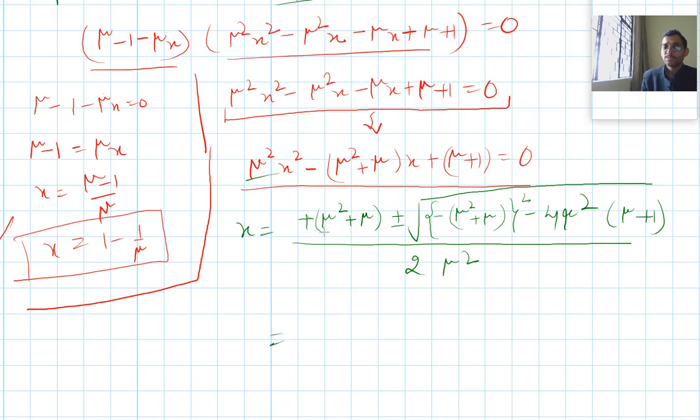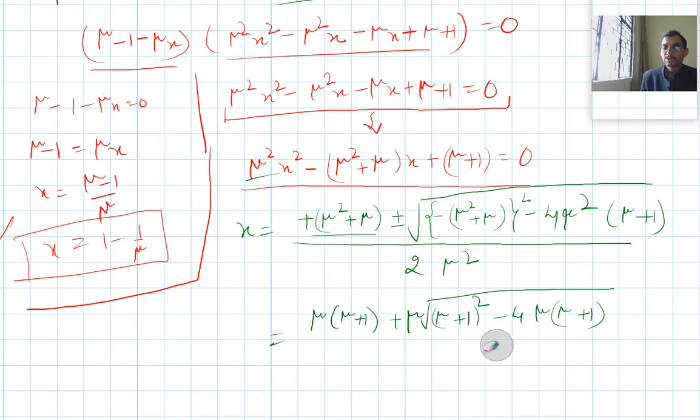If I take the square it will become positive. So after doing a little algebra I can write it as mu plus 1 plus minus the root of mu plus 1 whole square minus 4 mu plus 1, divided by 2 mu square. Sorry, one mu comes outside.